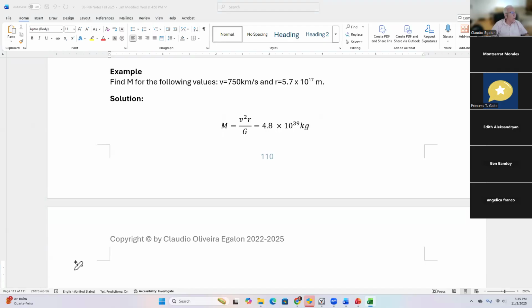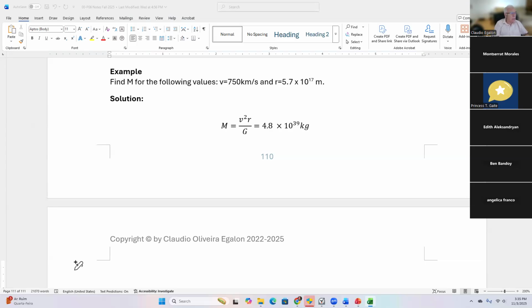It is several orders of magnitude more. We're talking about almost 15 orders of magnitude the mass of the Earth.